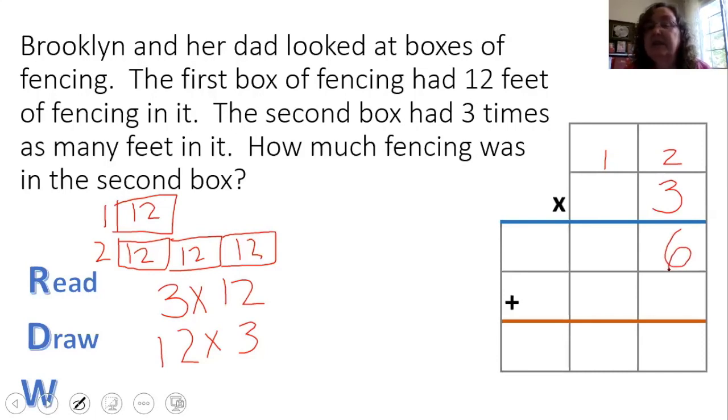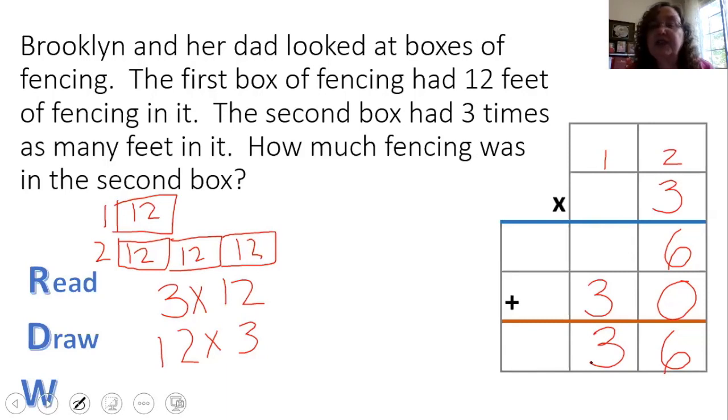Now, this is not 3 times 1, it's 3 times 10 is 30. Wonderful. So now we can add those numbers up. 6 plus 0 is 6, and 3 plus nothing is 3. Beautiful.